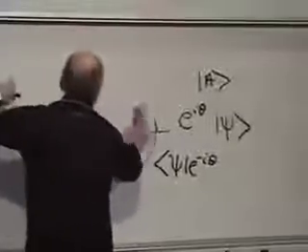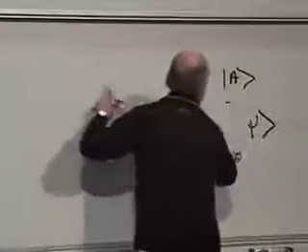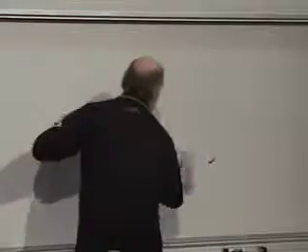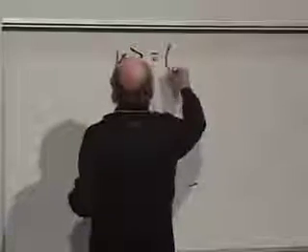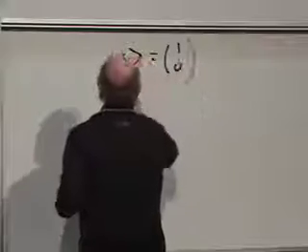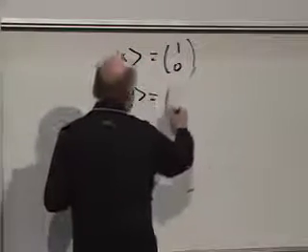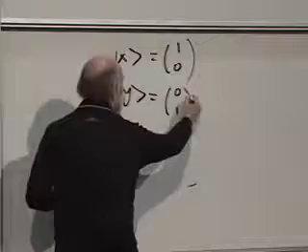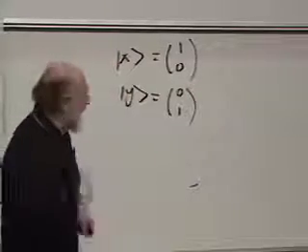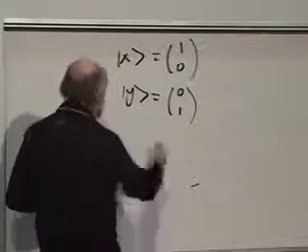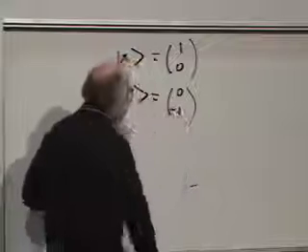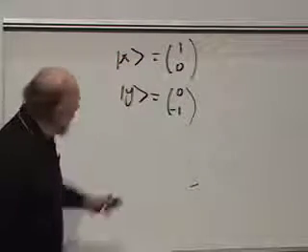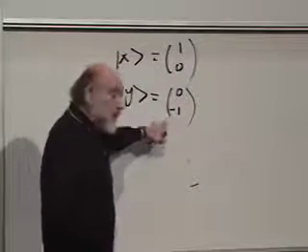Polarization of photons. I said, for example, that the vector x is equal to 1, 0, and the vector y is equal to 0, 1. Nothing would have stopped me from replacing y by a new version of itself, namely 0, minus 1.